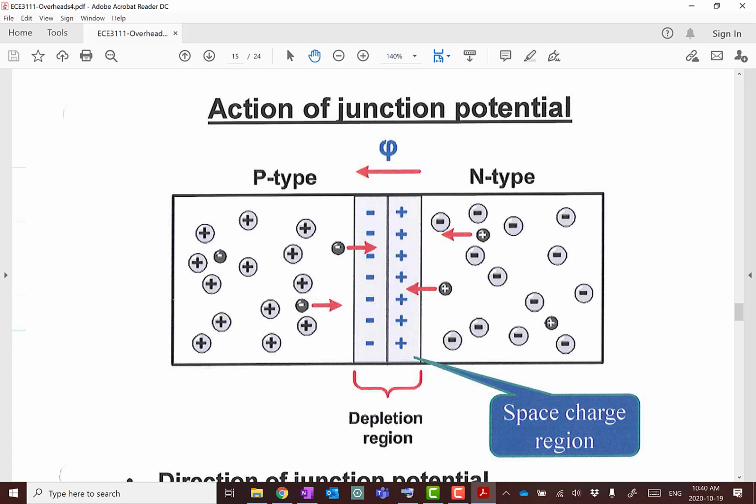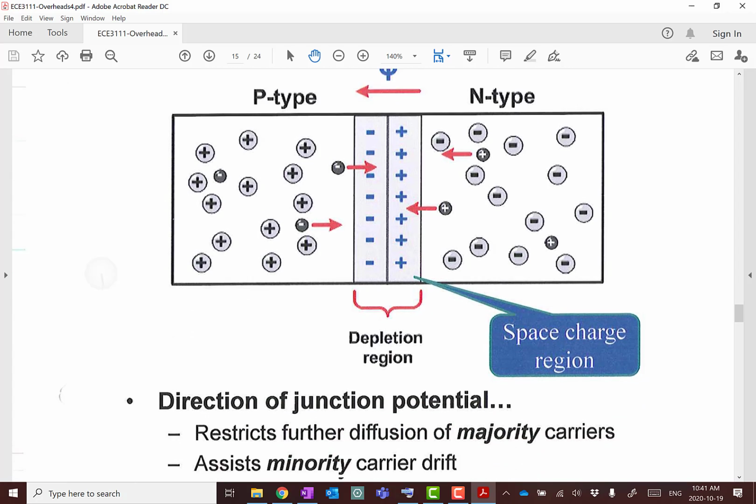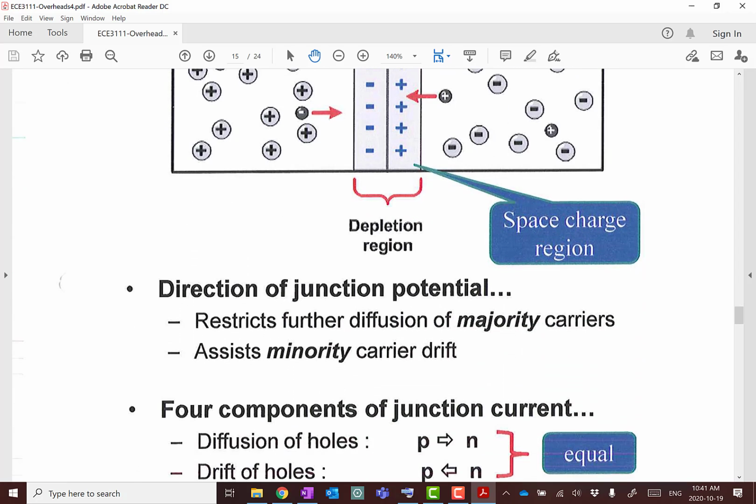Holes are pushed in the direction of the electric field, and the electric field is pointing to the left, so holes will get pushed to the left. Any electrons in the p-type material, which are minority carriers, if they get close to that depletion region, are going to be swept to the right.